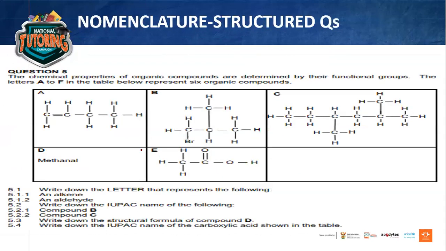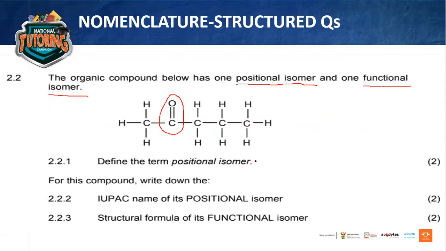Right? Now, positional isomer, those are organic molecules with the same molecular formula, but different position of functional group.